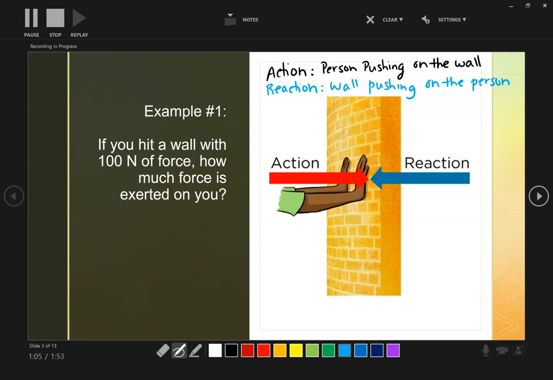Also, recognize that these two forces are equal, because remember that the law states for every action there's an equal and opposite reaction. So, in the question, if you hit a wall with 100 newtons of force, how much force is exerted back on you? The answer would be 100 newtons because it needs to be equal.